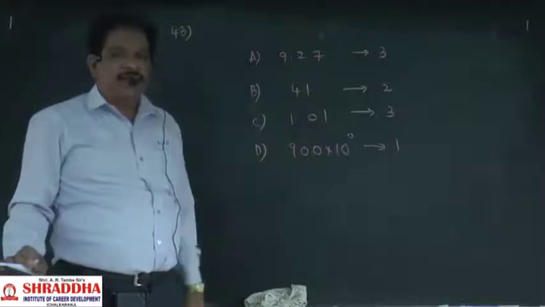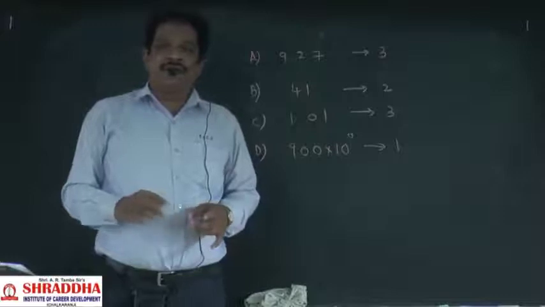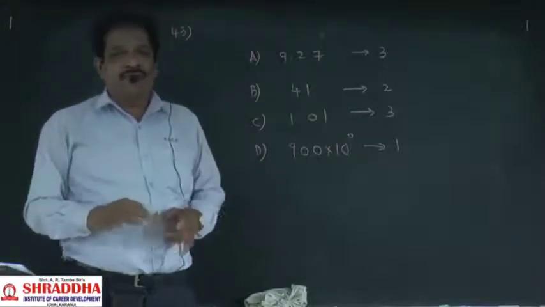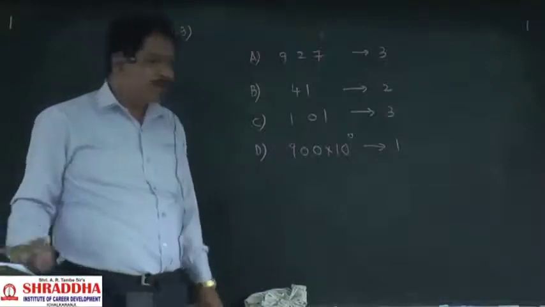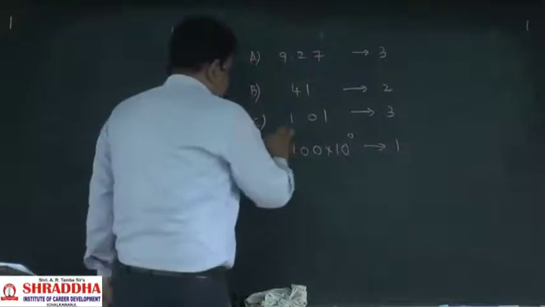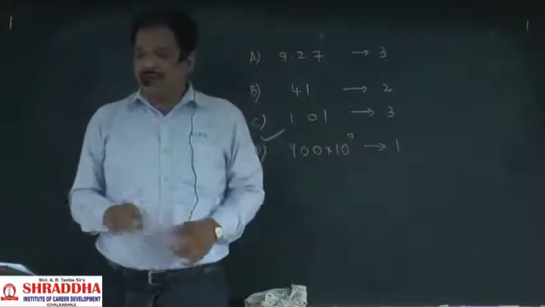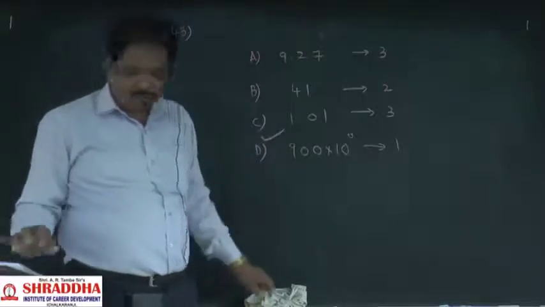So which is less accurate? Number having fewer significant figures is less accurate. Number having more significant figures is more accurate. Already we know about it. So which is less accurate means this 900 into 10 power 0, that will be the answer.